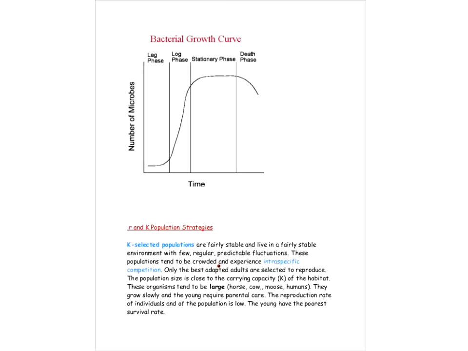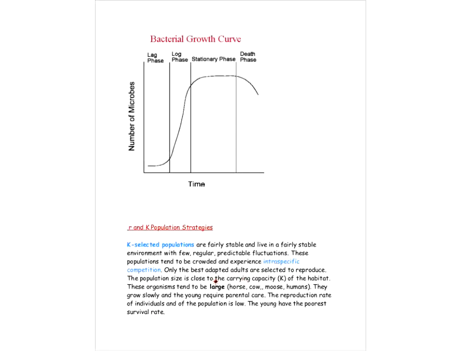Populations are going to be crowded. If you've got bears living in Banff, they need a large ranging area. They experience what's called intraspecific competition, so between the species members, between the other bears, not between bear and some other species. And only the best adapted adults are able to reproduce.